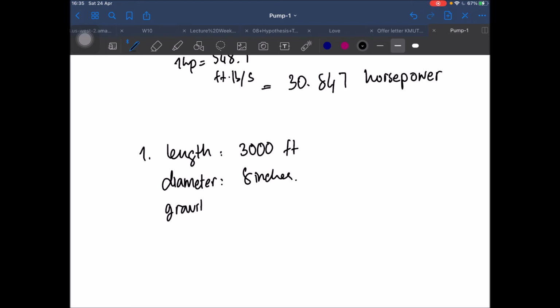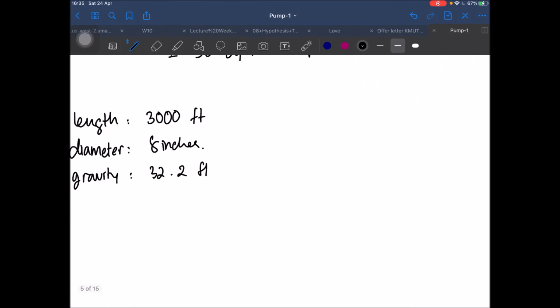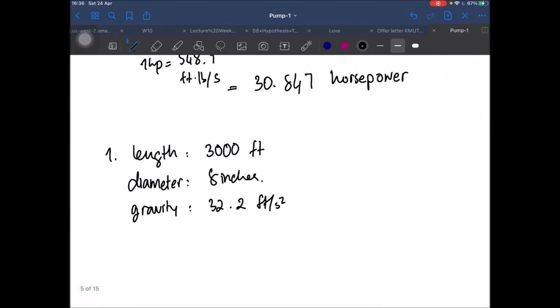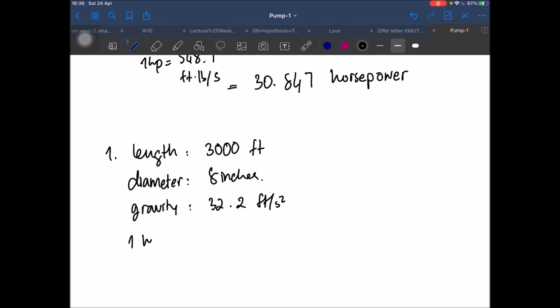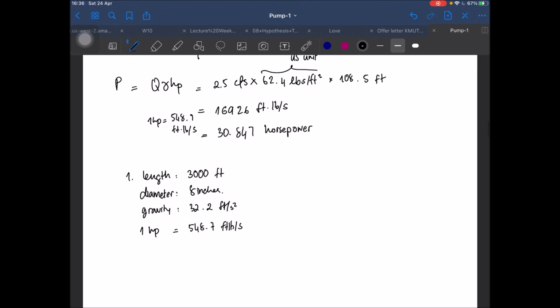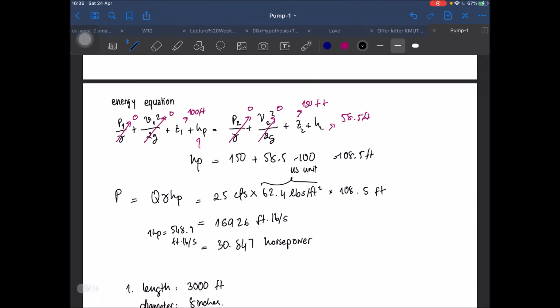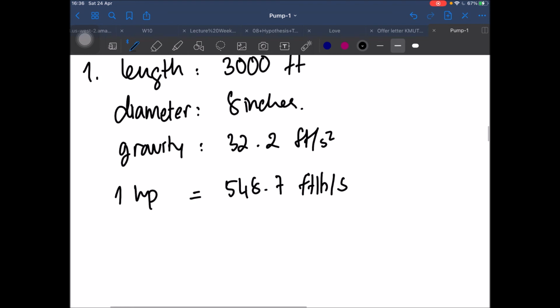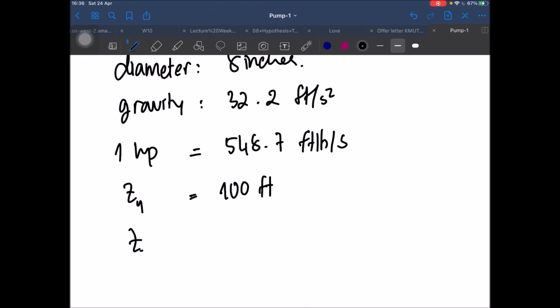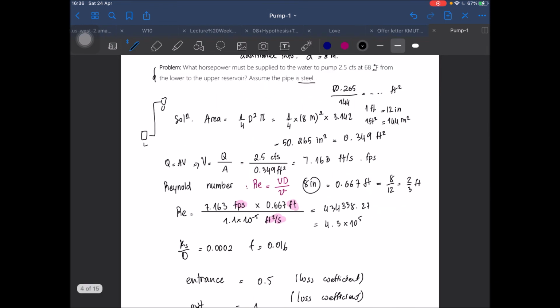Gravity, 32.2 feet per second squared. 1 horsepower equals 548.7 foot-pounds per second. Z1 and Z2: Z1 equals 100 feet, Z2 equals 150 feet. I guess that's all for the additional information that we need to use.